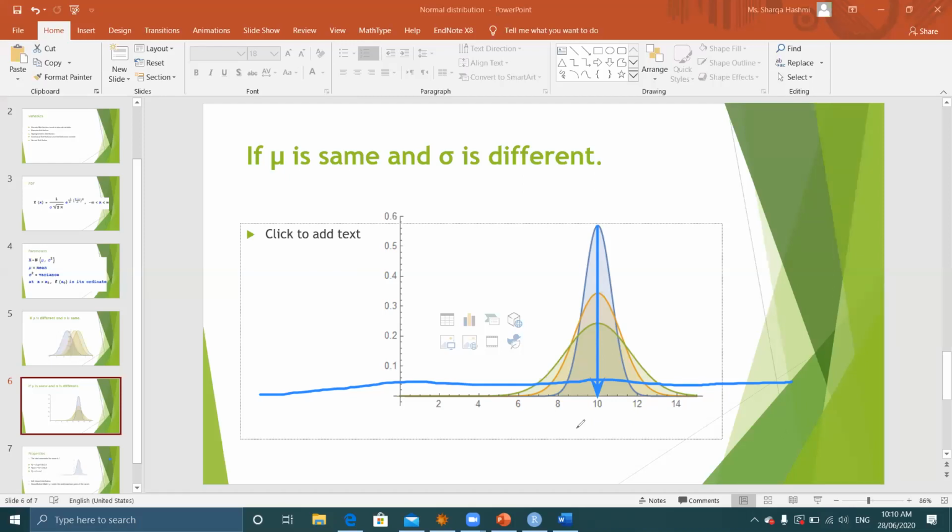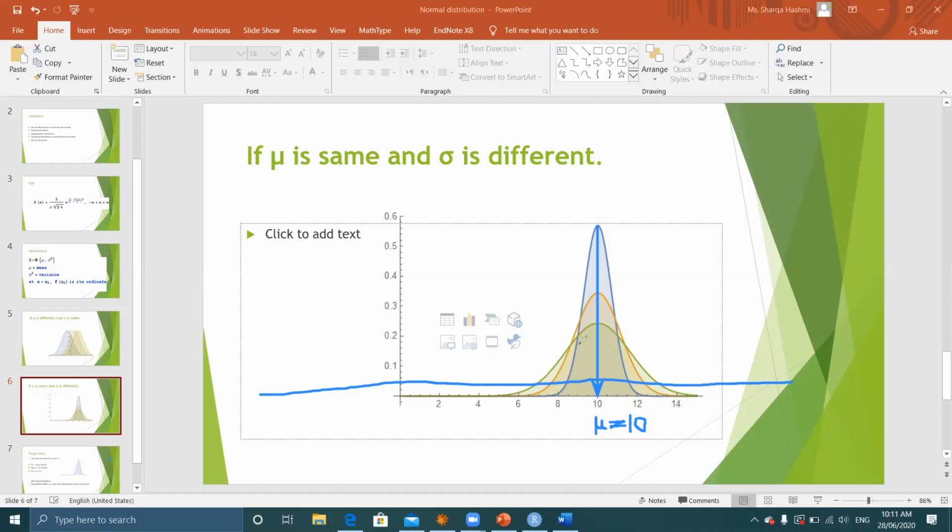So mu is 10 for each distribution. Mu is equal to 10 for each distribution. Mu is equal to 10. But it's longer tail, longer height, it's leptokurtic. Center one is mesokurtic, and third one is platykurtic.